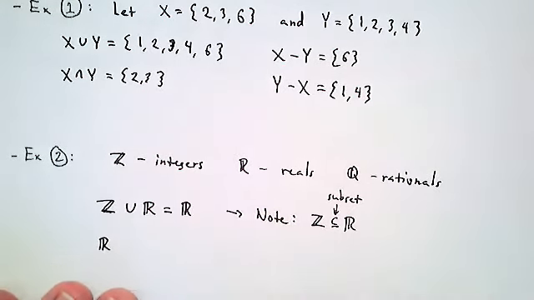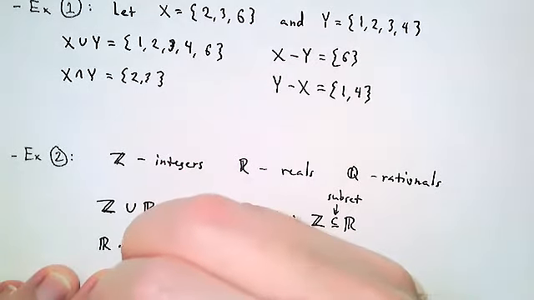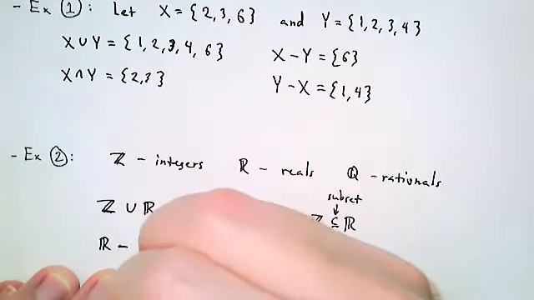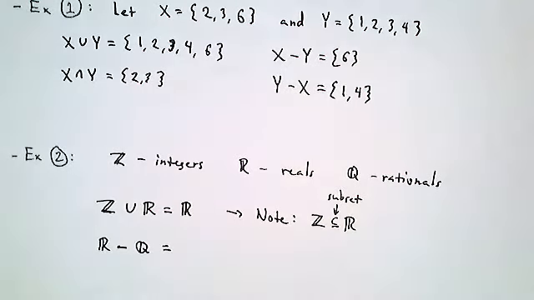Let's try another one with these 3 sets. What if I take the real numbers and then subtract off the rational numbers? So what would be left over if I take my real numbers and subtract off all the fractions, quotients?